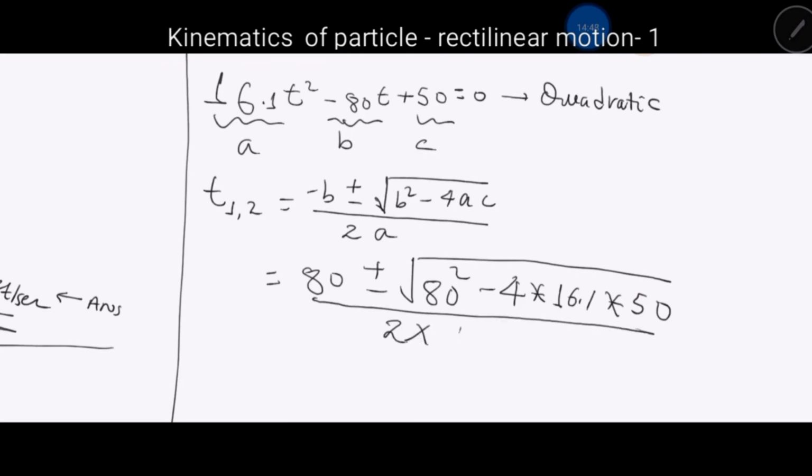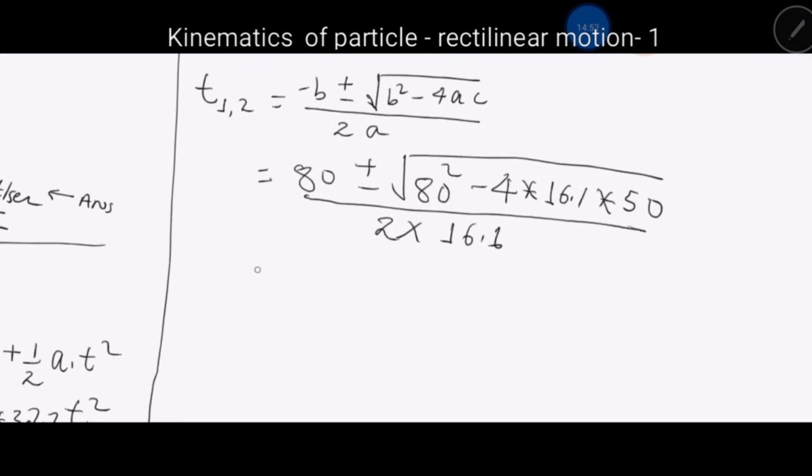So t1,2 is equal to 80 plus or minus, if you calculate these numbers under the radical, you will get 56.4 over 32.2. So we'll have 2 times, the positive sign and the negative sign.